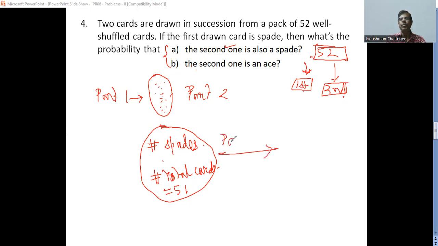So what is the information given? That the drawn card is spade, but not the exact card. We are not told exactly which card is drawn. However, if somehow we know this configuration, then we can immediately calculate the conditional probability. That is, what is the probability that the second card will also be a spade?